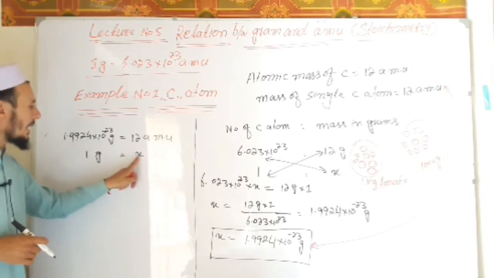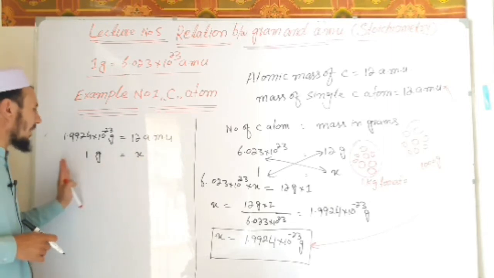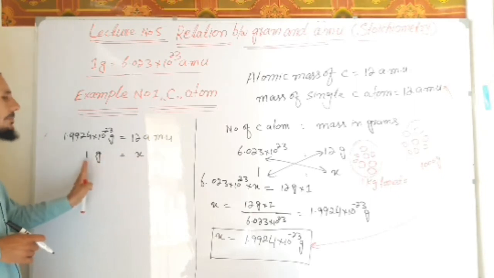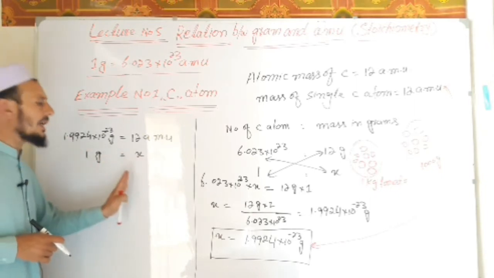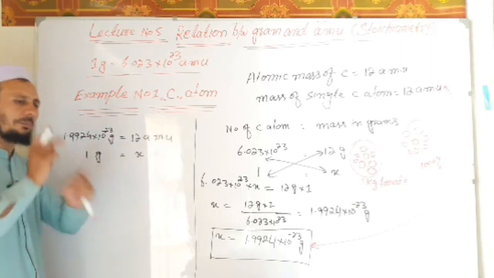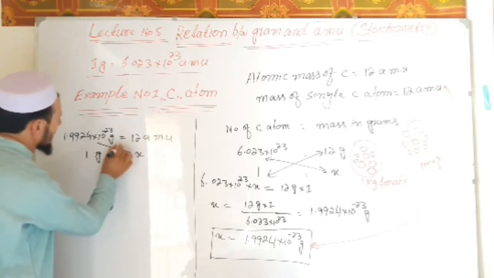Dear students, x represents the number of a.m.u in 1 gram. If we calculate x, we will calculate the number of a.m.u present in 1 gram. So, let us calculate. It will be cross multiplied.